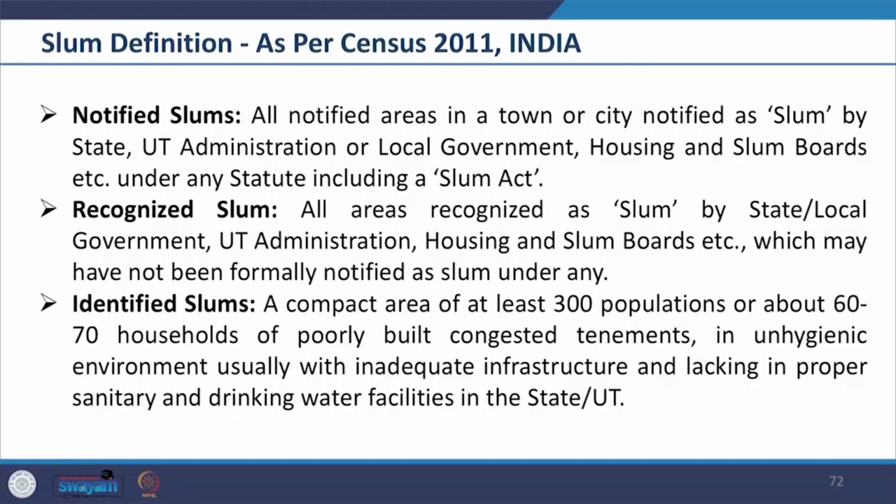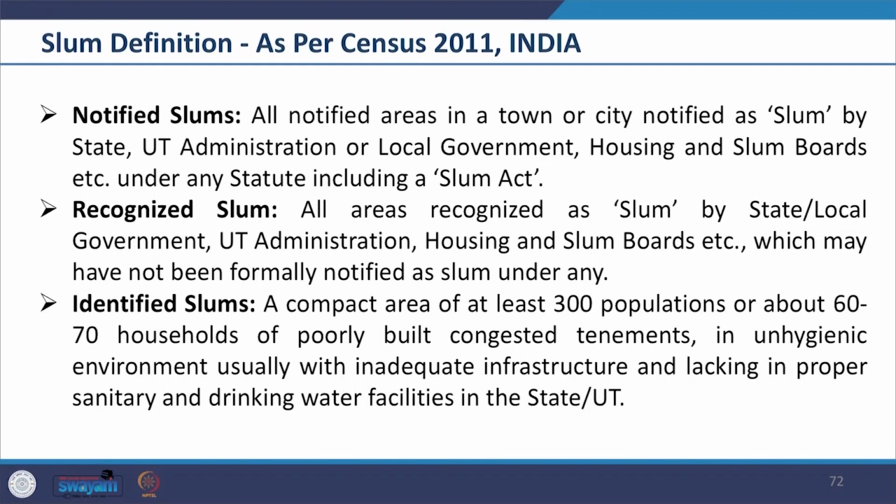Slum is defined by Census of India and National Sample Survey Office (NSSO). As per the census 2011, we have 3 categories of slum. One is notified slum, where all notified areas in a town or a city are notified as slum by the state or the Union Territory Administration or by the local government, housing and slum board or so on under any statute including a slum act.